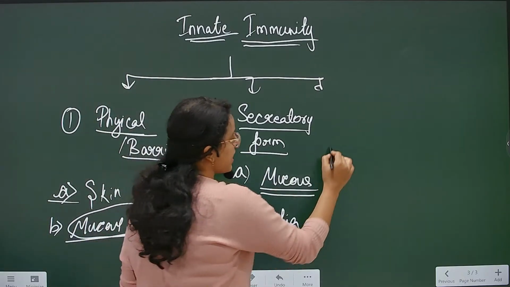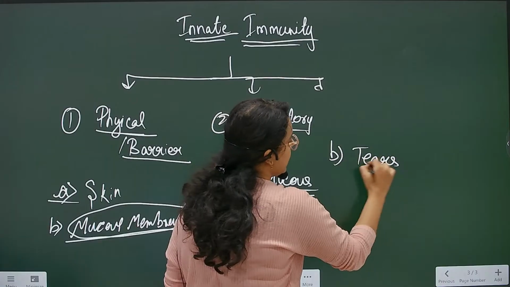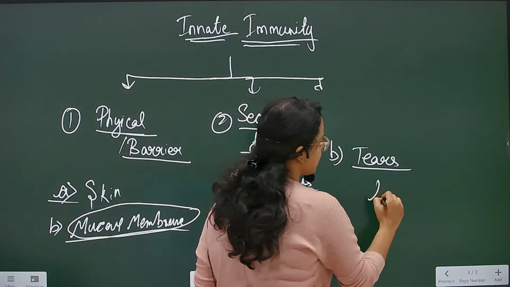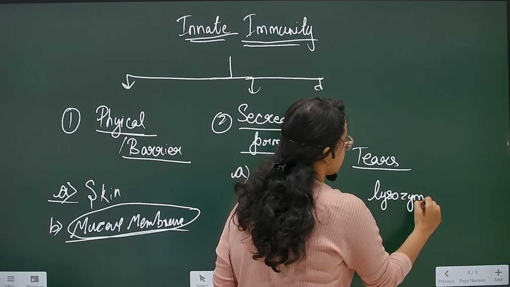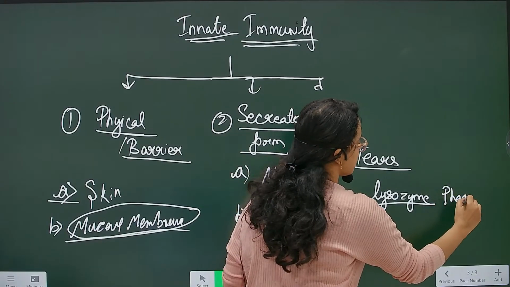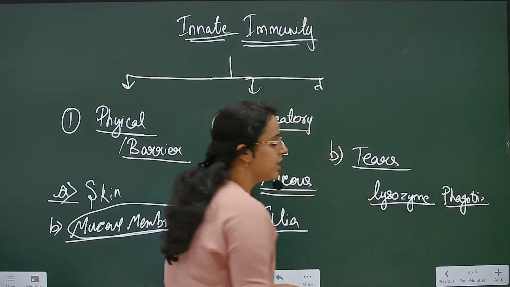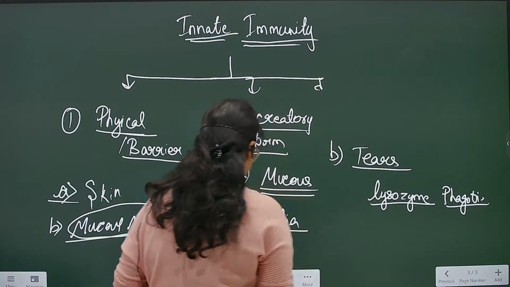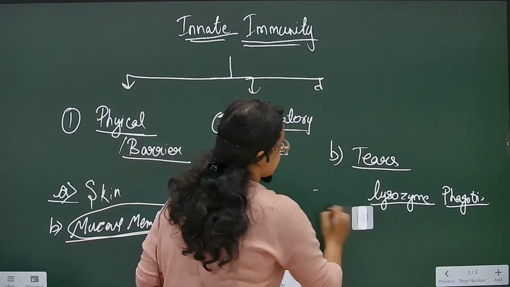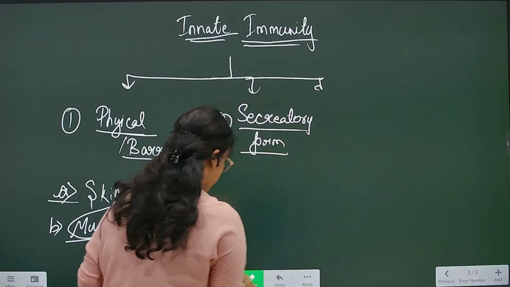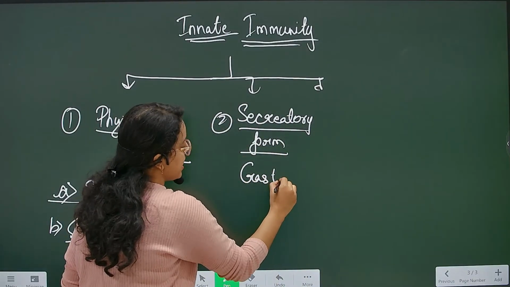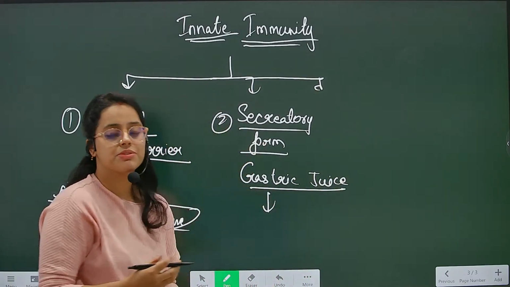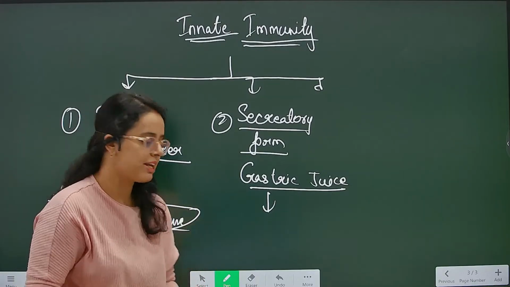Secretions can also be tears. The eyes consist of tears, right? These tears have lysosome enzymes, which break down the foreign substance entering the body. So we have tears, mucus, and gastric juices. Gastric juices have an acidic pH, so certain organisms which cannot tolerate an acidic environment will die.